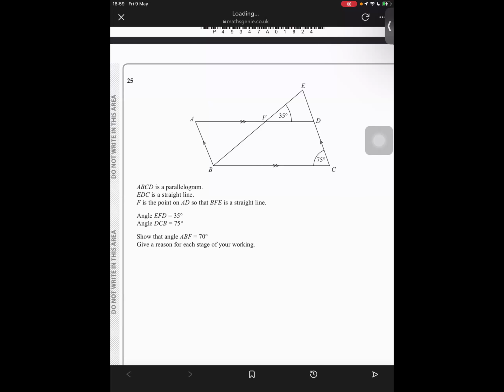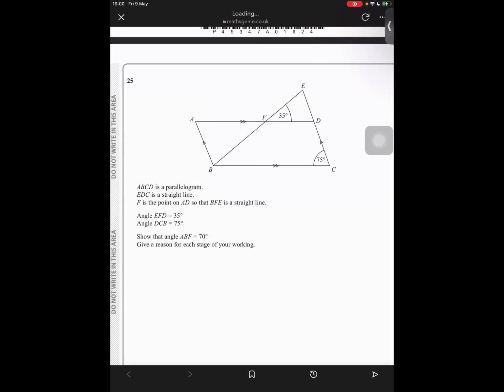Okay, so this is what we're going to do. Just follow my argument now. Reason for stage one of my working: opposite angles in a parallelogram are equal. What that means is that if angle DCB is 75 degrees, then angle DAB, can you annotate on this question paper?